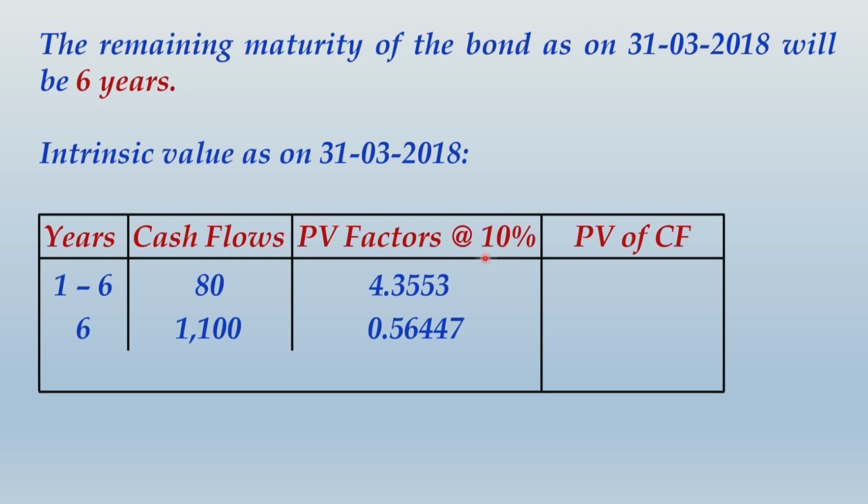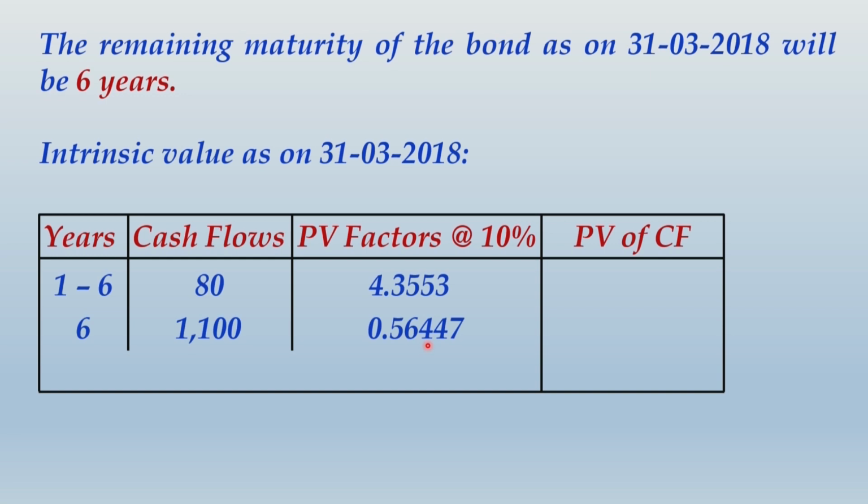So 1 divided by 1.1, you may press equal to 6 times. Whatever you get, you will be writing that as the 6th year's factor, and the aggregate of all these factors can be obtained on your calculator by simply applying GT.